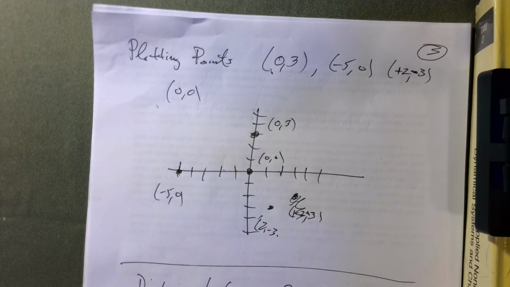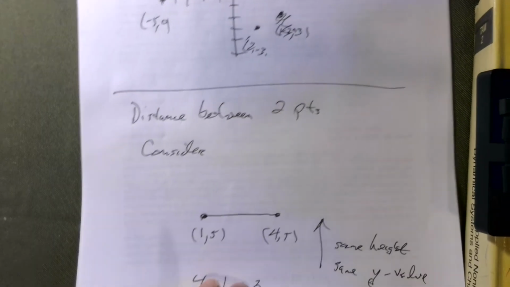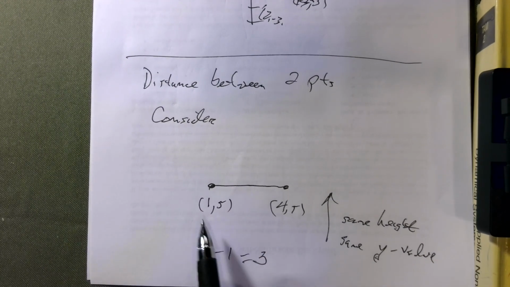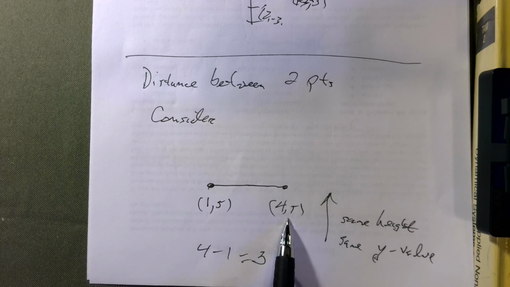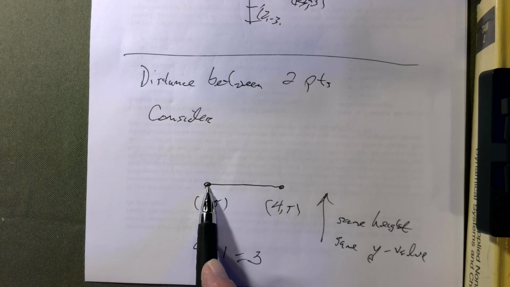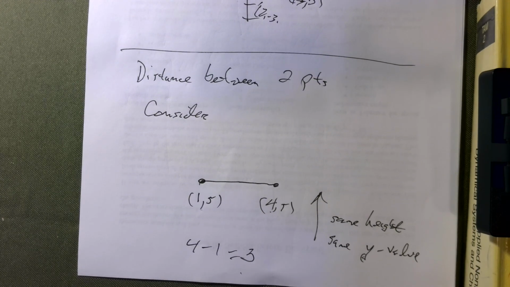Now we have to talk about distance between points. So suppose I have 2 points, 1, 5 and 4, 5. So you'll notice that the height, the y value, is the same, 5. Since it's only the x that's changing, how do I figure out the distance from here to here? I just take 4 minus 1, which is 3.